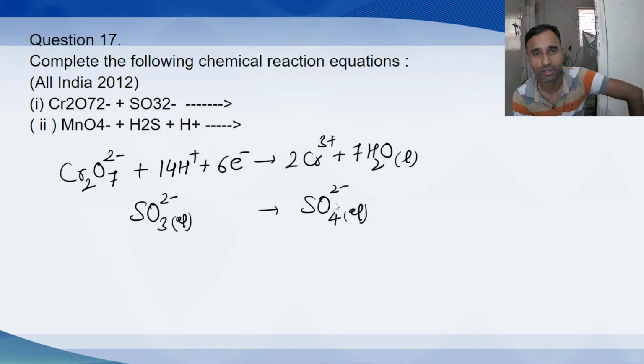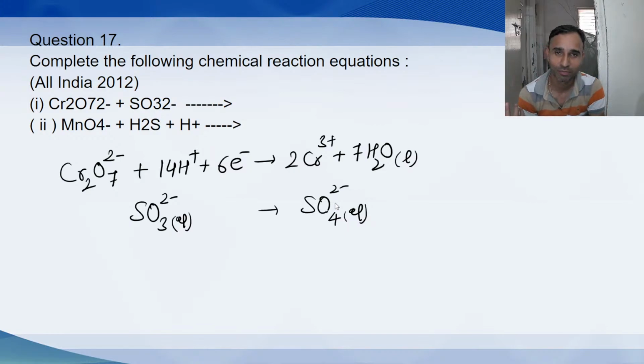You can balance by the oxidation number method, there is no harm, but I love to do it by the half reaction method, the ion electron method. That's why I'm doing it like this. There is nothing written here, you have to complete the equation. Simple: sulfite SO3 2- gives sulfate.